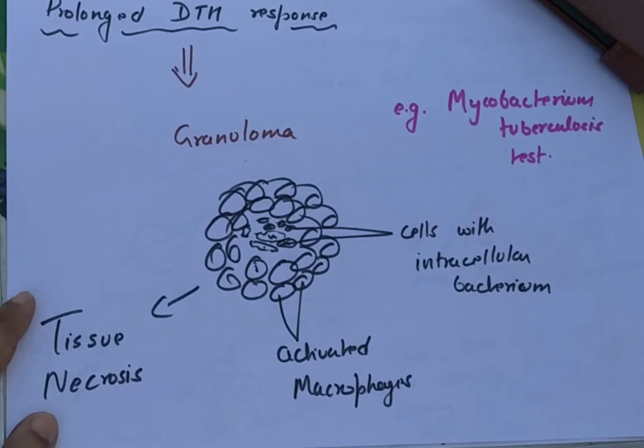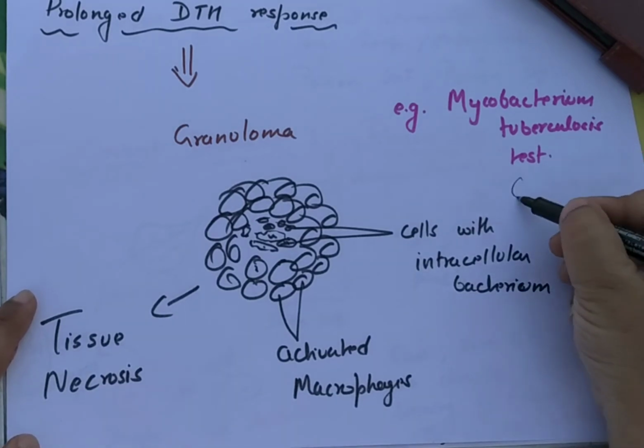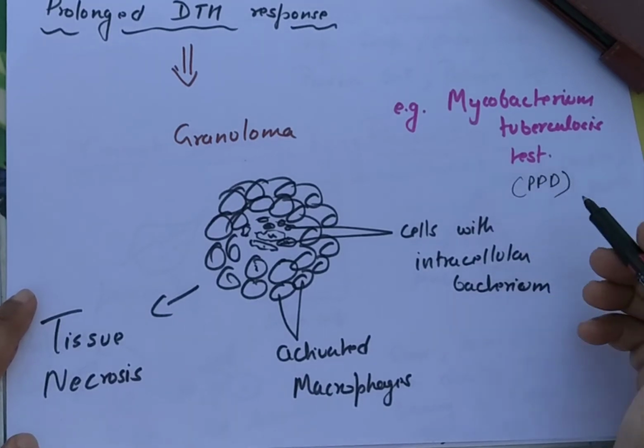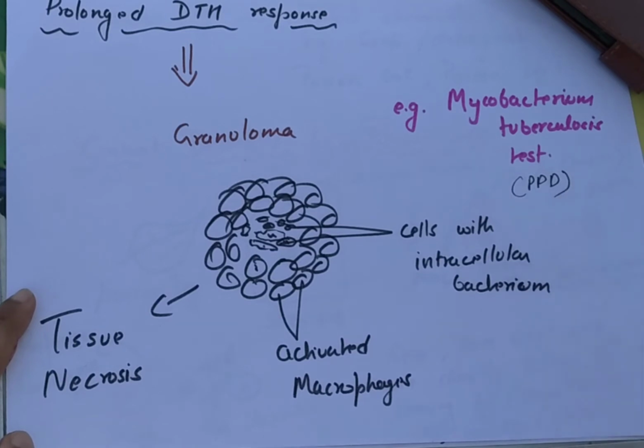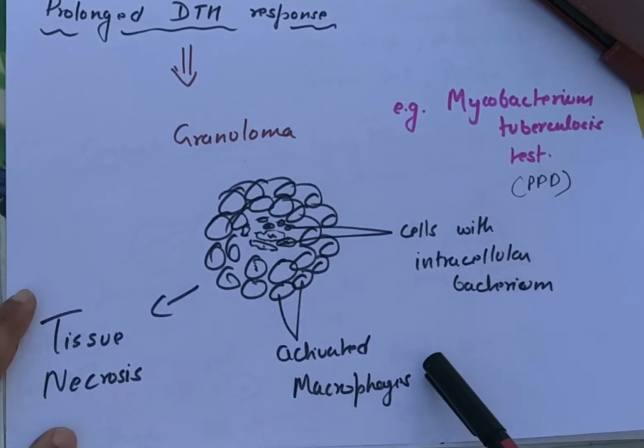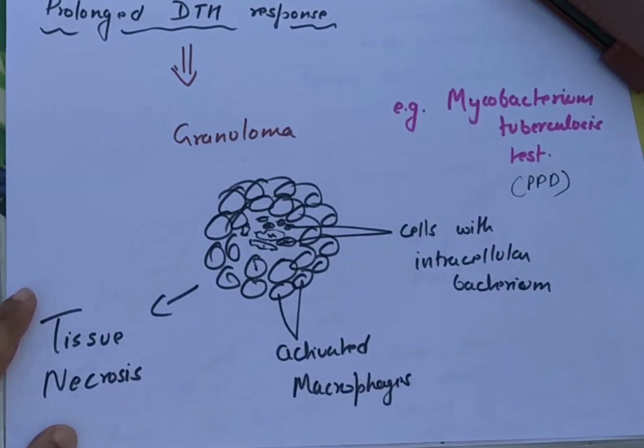When that person is injected with PPD, purified protein derivative from the cell wall of Mycobacterium, that protein is injected into the human body. That whole procedure will occur. This protein will be picked up by APCs and presented to Th cells, and they will activate macrophages. These activated macrophages come and accumulate.